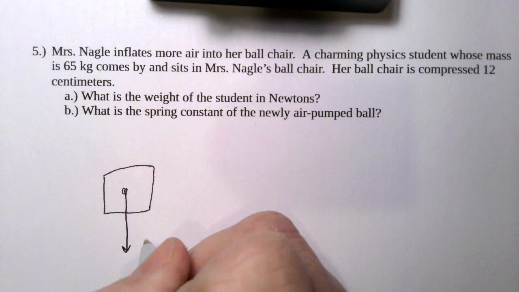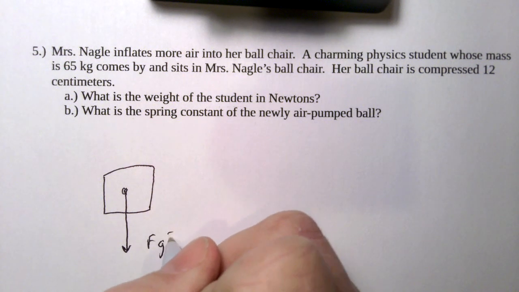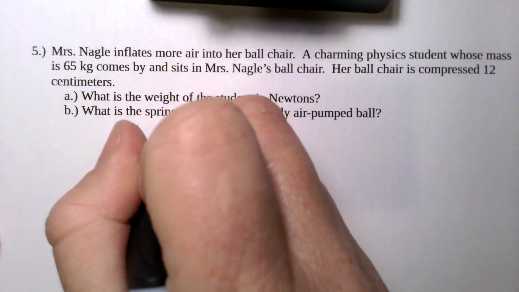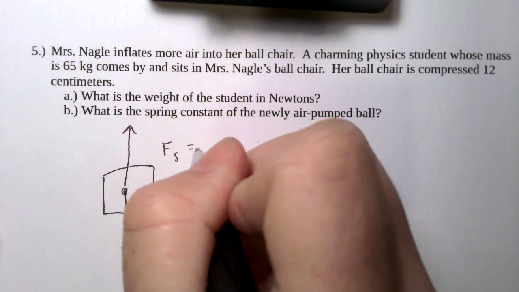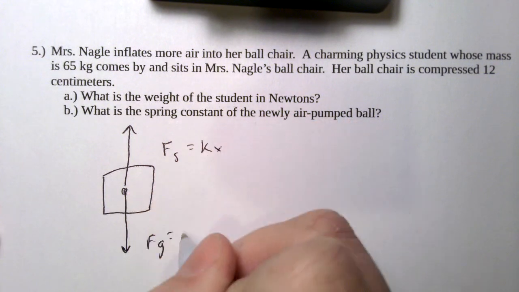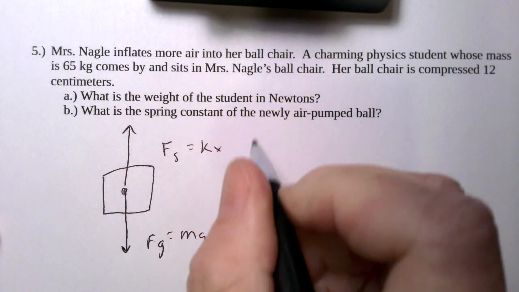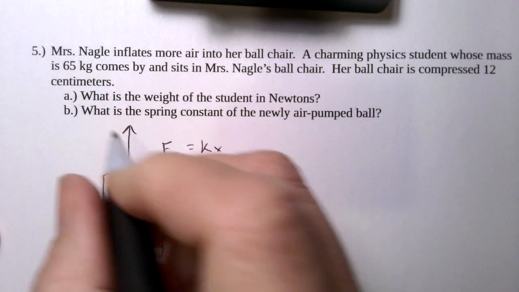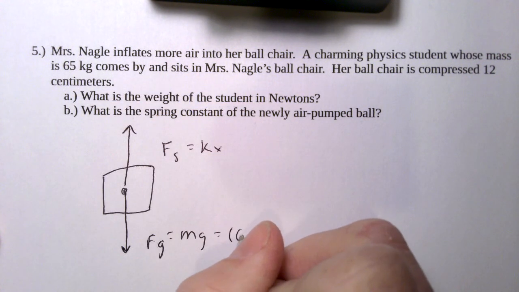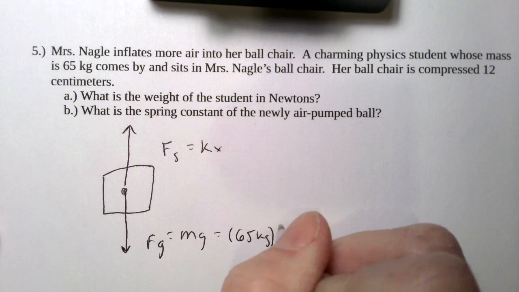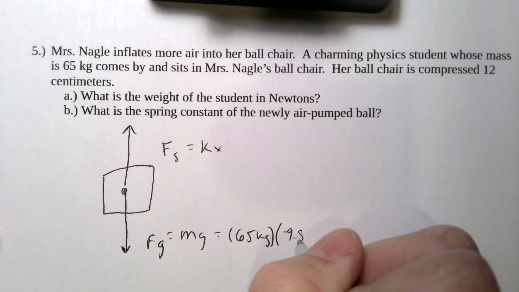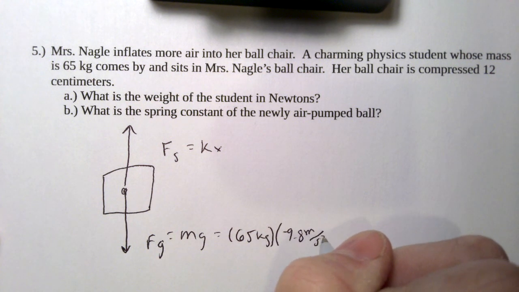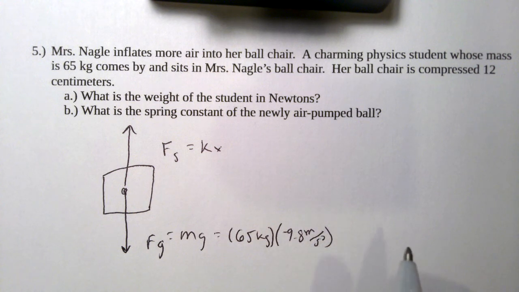Well, all right, first, force of gravity this way, force of the spring this way, this equation and that equation. What's the weight of the student? All right, well, we know that because mass is 65 kilograms, gravity is negative 9.8 meters per second squared. What's that?